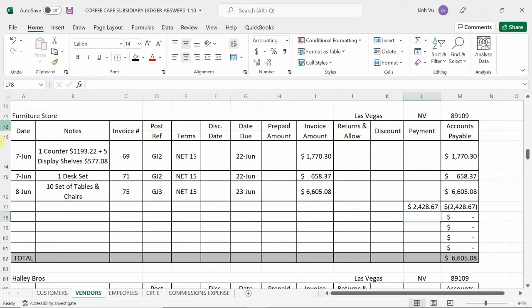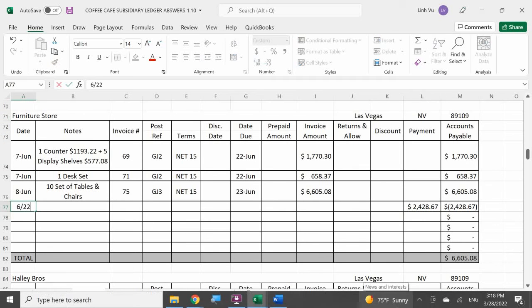So let's finish off the subsidiary ledger because we made a payment. The check number?